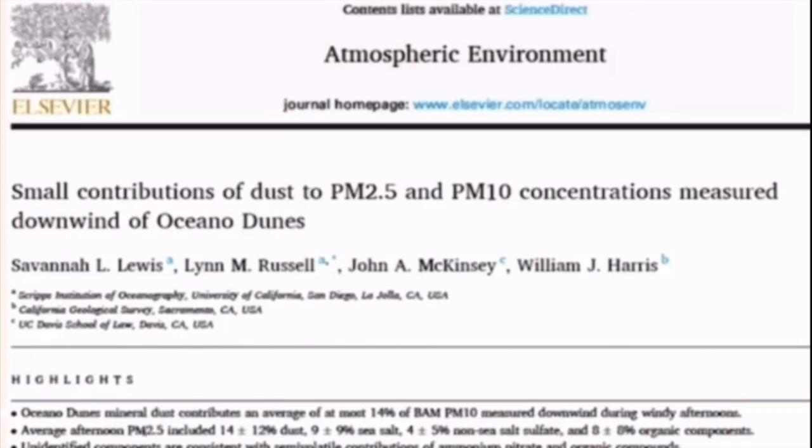The highlights at the bottom here are that the mineral dust contributes an average of at most 14% of BAM PM10 measured downwind during windy afternoons. The average afternoon PM2.5, which I'll remind you is the one we think is actually more important for health effects, also included about 14% dust, 9% sea salt, as well as non-sea-salt sulfate and organics.